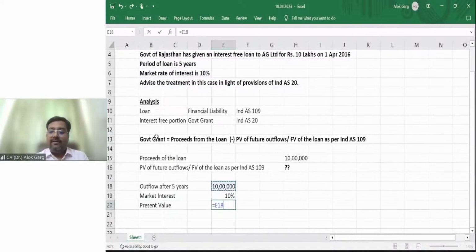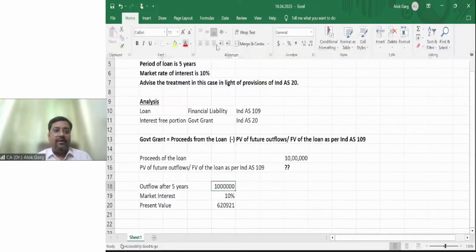Present value is 10 lakh divided by 1 plus rate of interest, which is 10%, to the power 5, right? This is coming out as 620,921.